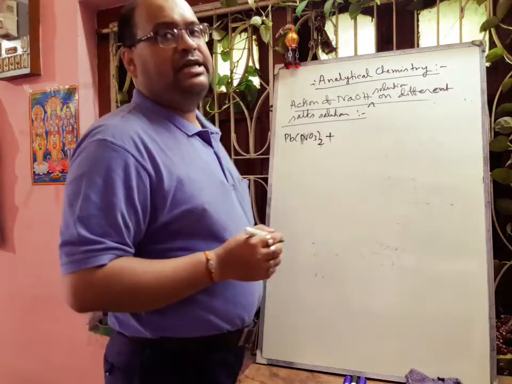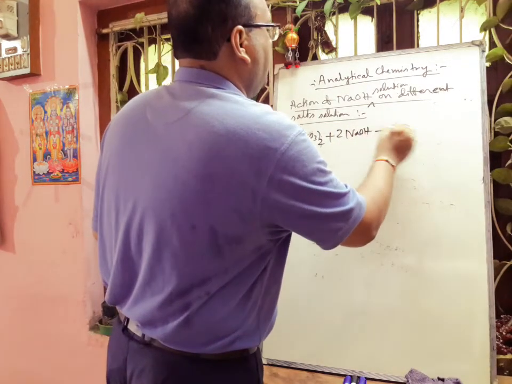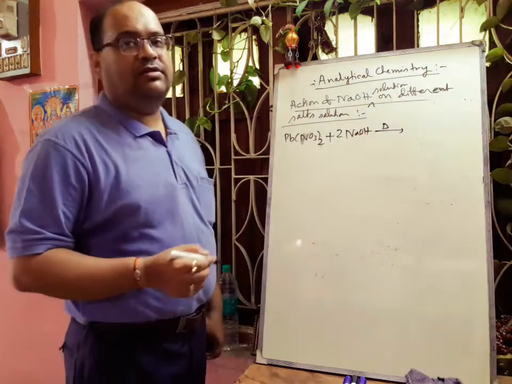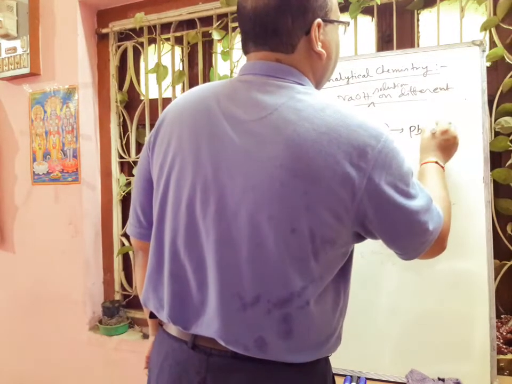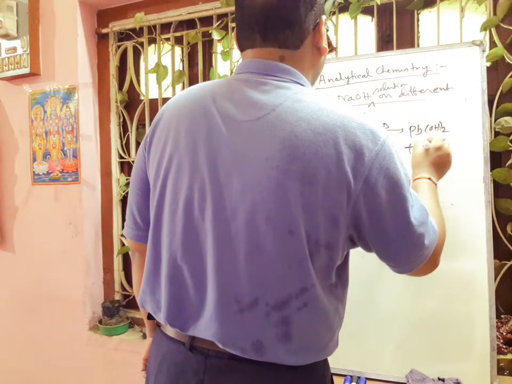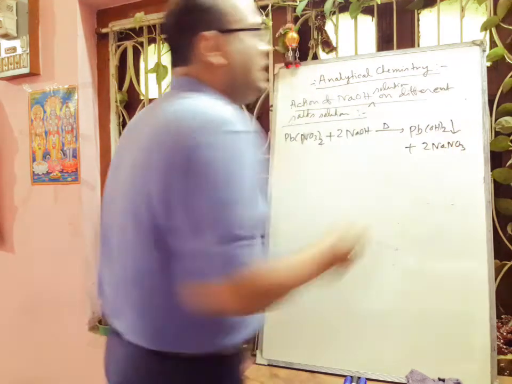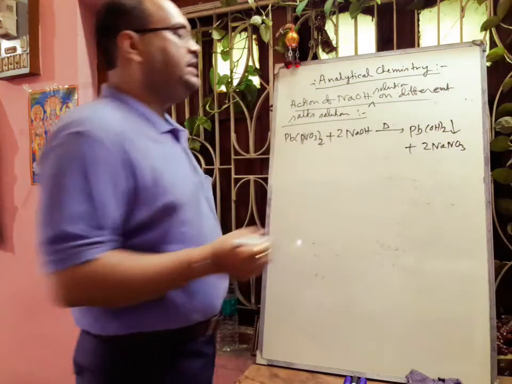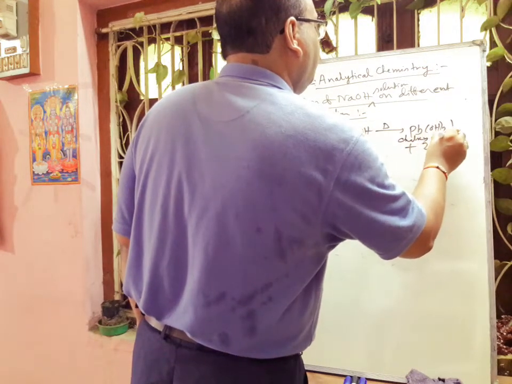If we add here sodium hydroxide concentrated and apply heat, then what will happen? There will be formation of lead hydroxide plus 2 NaNO3. Now what will be the color of the lead hydroxide PPT? That will also be a chalky white PPT.